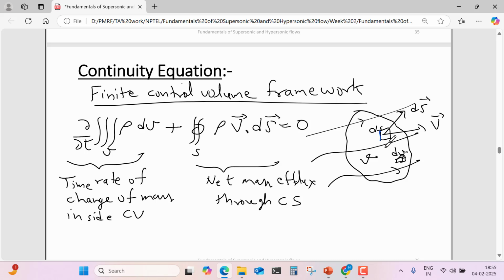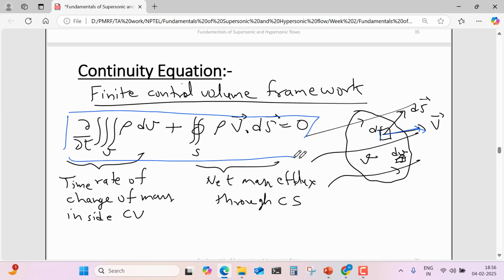This is the volume V, and there is one surface dS, and at this point the velocity is V. So the continuity equation is given by this equation.